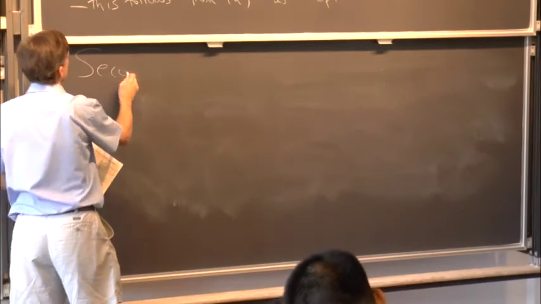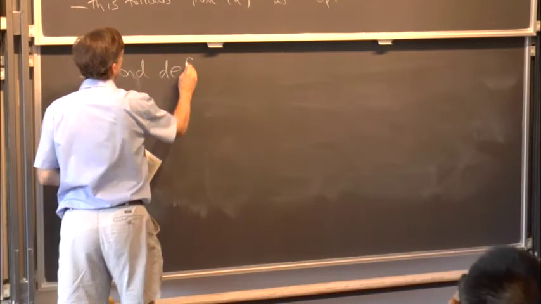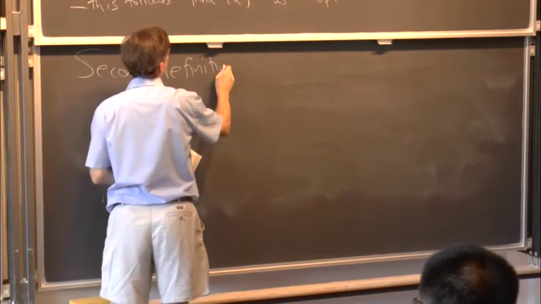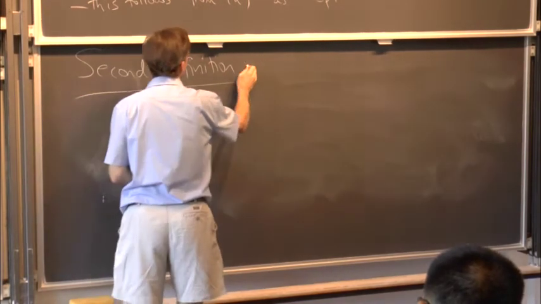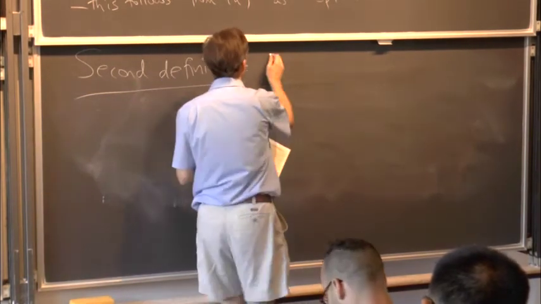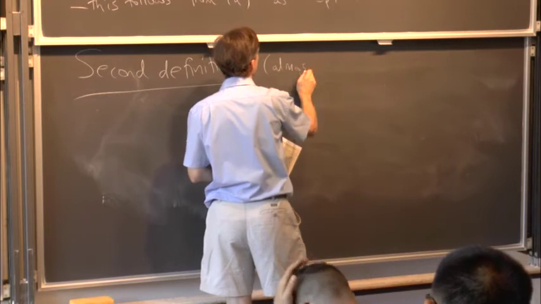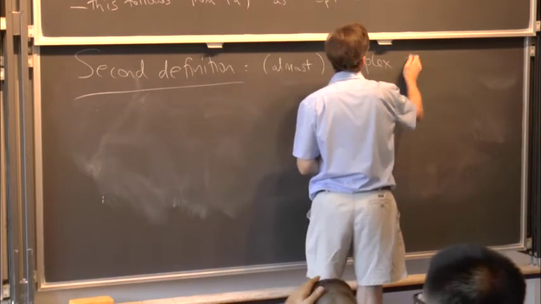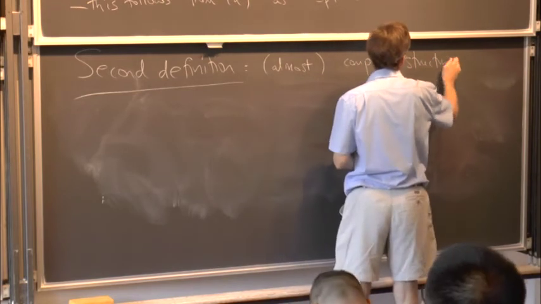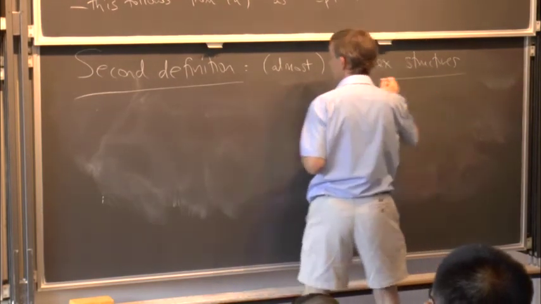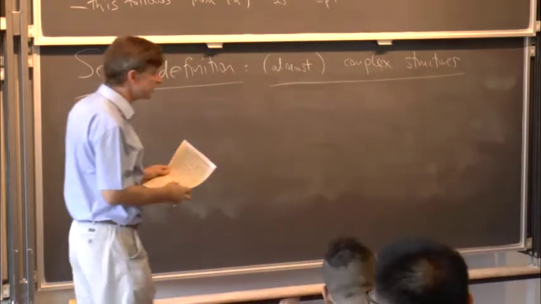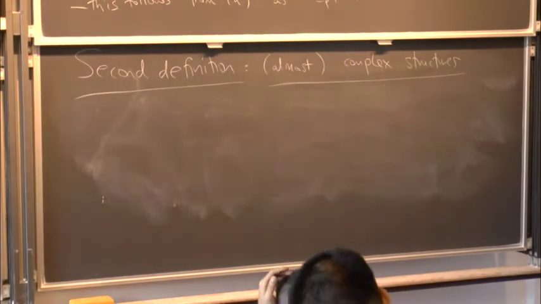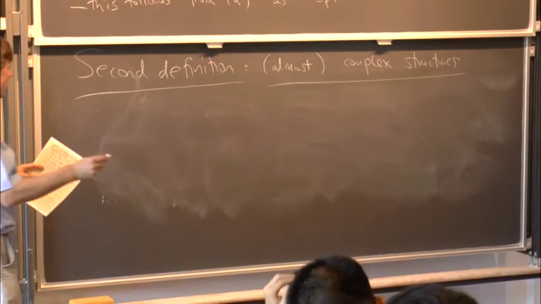So let's make a second definition, which is that of almost complex structures. So complex structures and almost complex structures. We'll define almost complex structures first. A complex structure is a special kind of almost complex structure.